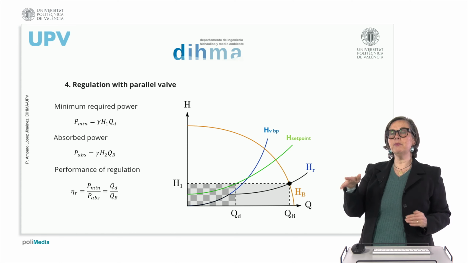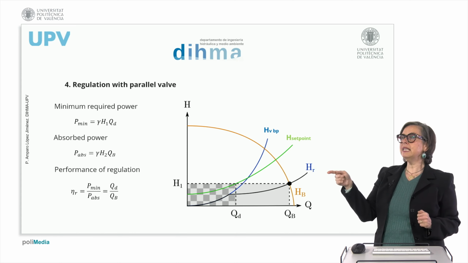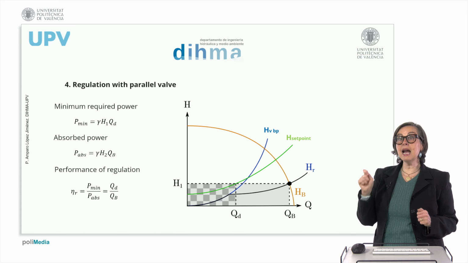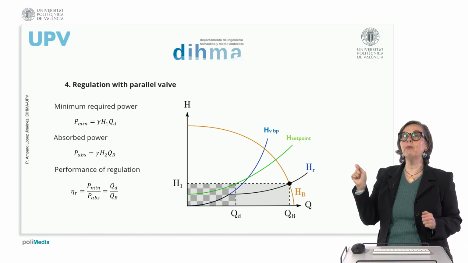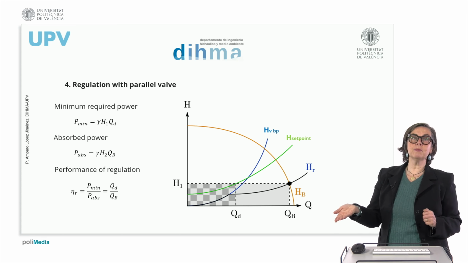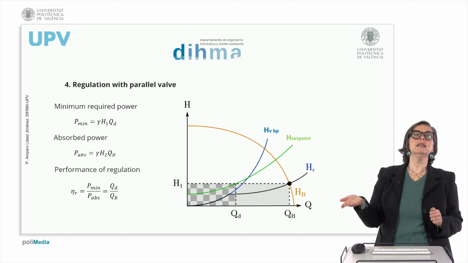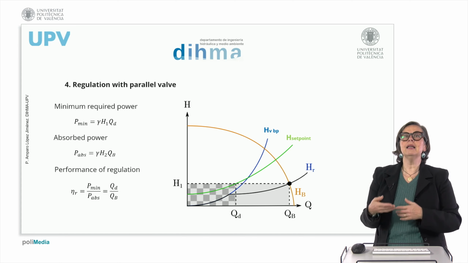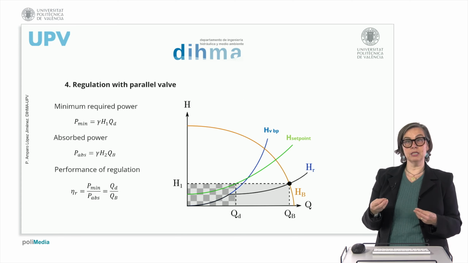Here, the performance of regulation is the relationship between the flows for the desired point and the pump point. Again, this performance is smaller than 100%, smaller than the maximum performance of the system.